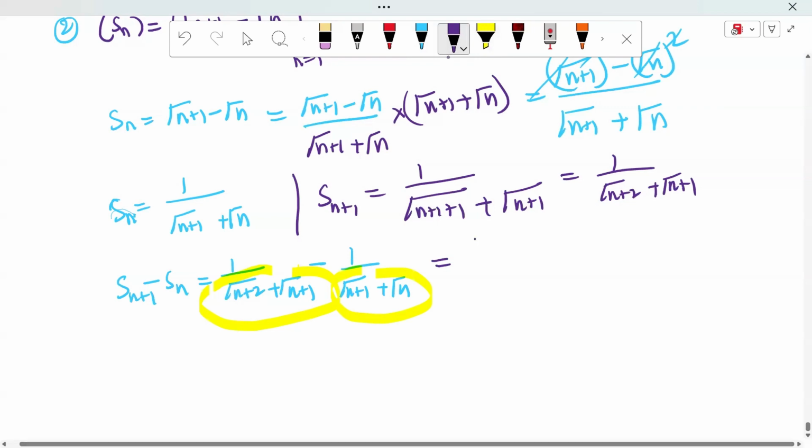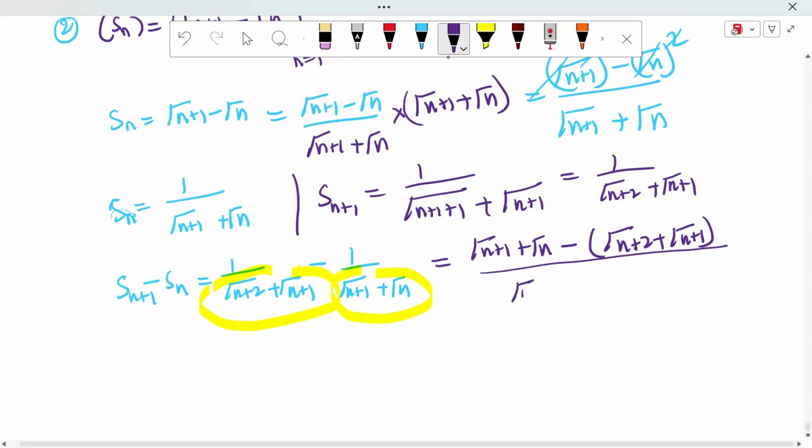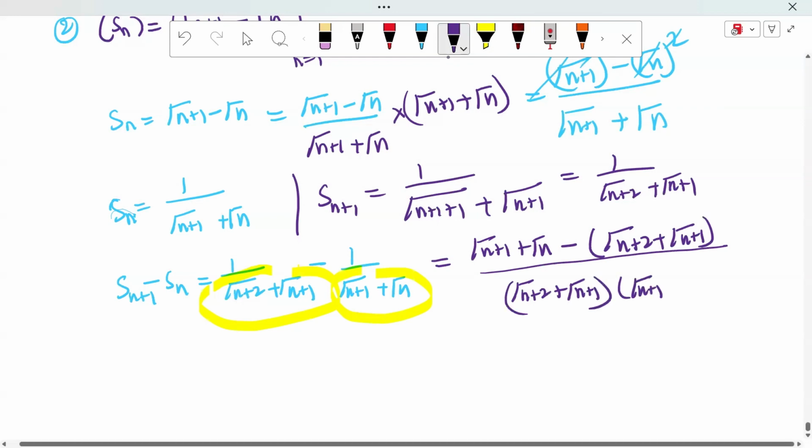The LCM is under root n plus 2 plus root n plus 1 into under root n plus 1 plus root n, and the numerator is under root n plus 1 plus root n minus under root n plus 2 plus root n plus 1.